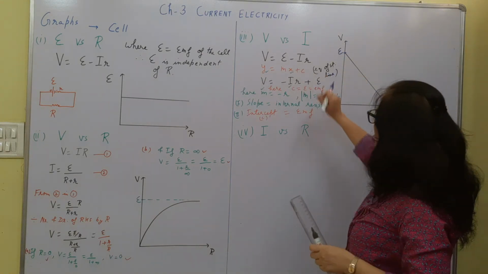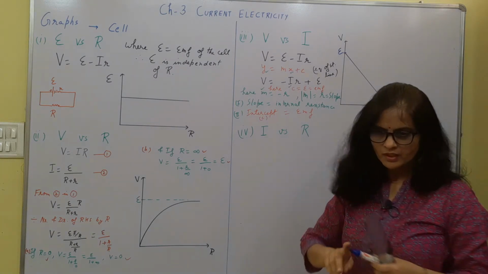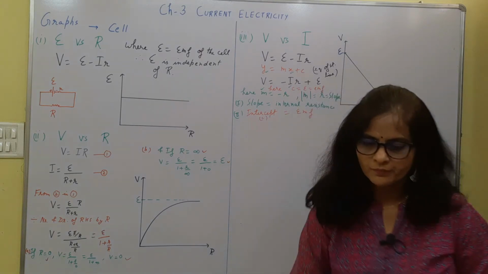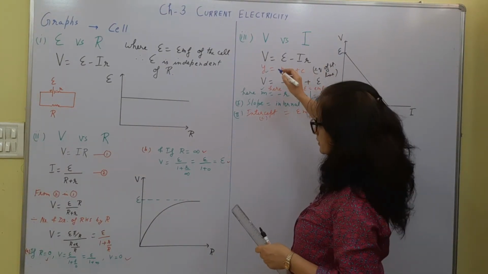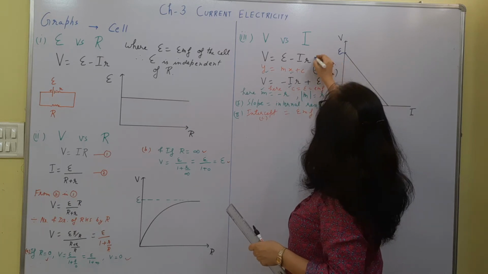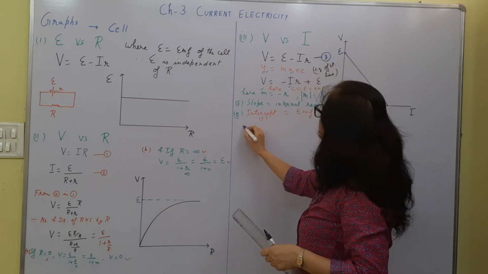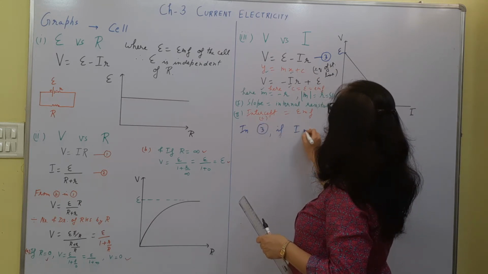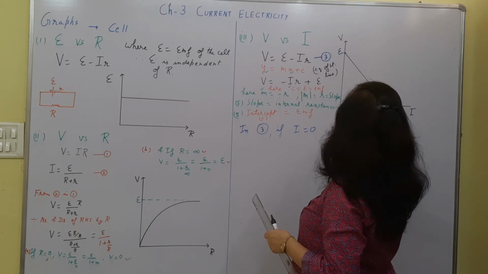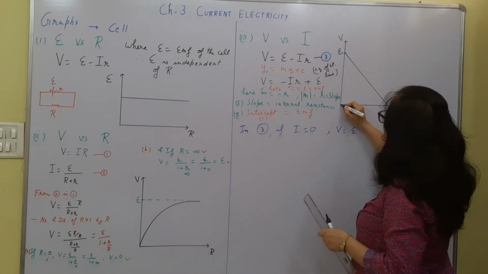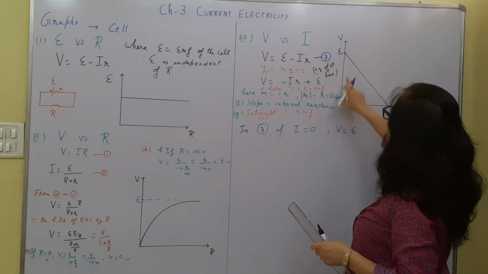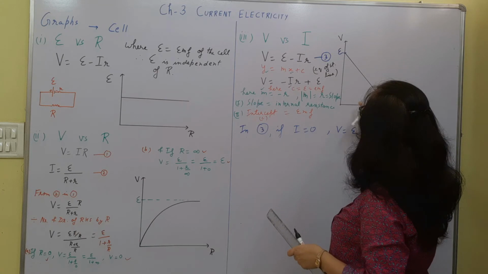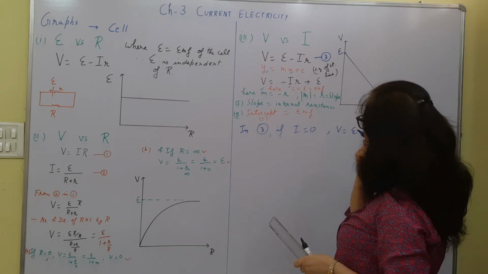And if in this equation I put I is equal to 0, V is equal to E. So that means when I is 0 at this point, V is equal to E. And I will be maximum when voltage is 0.